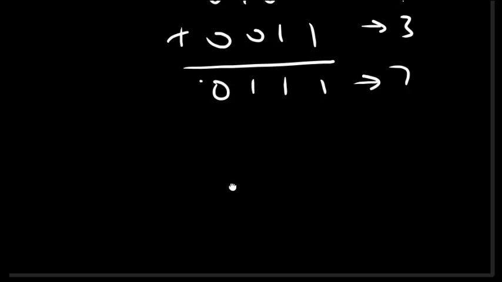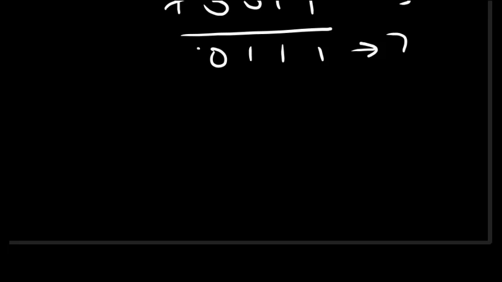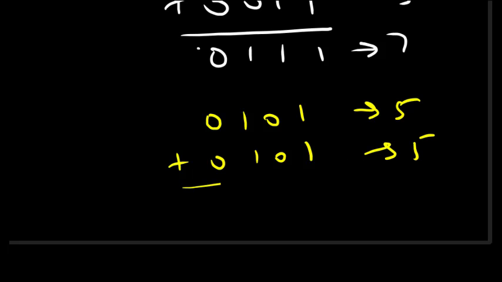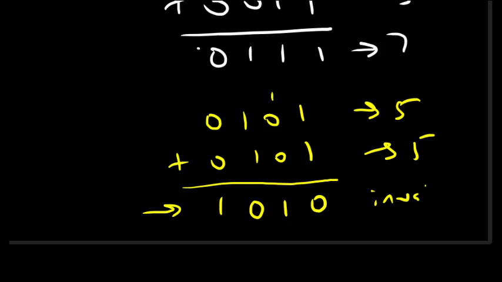Now let us check what will happen if the sum goes beyond 9. Suppose we are adding 0101 and 0101. This is actually 5 and 5. Adding, we get 1010. This 1010 is an invalid BCD number.